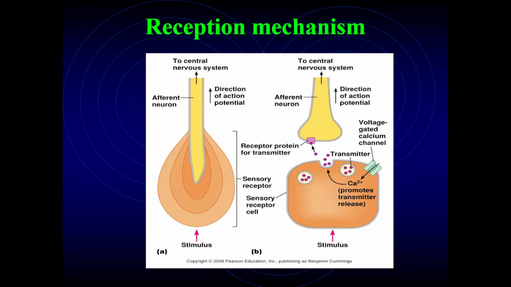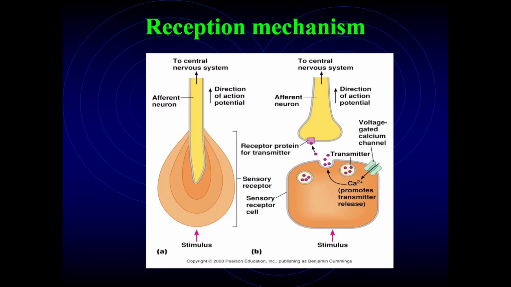How it occurs? Transduction. The stimulus changes the permeability of the membrane mainly for sodium ions. As a result, an ion current arises which causes the formation of a receptor potential, abbreviature RP.